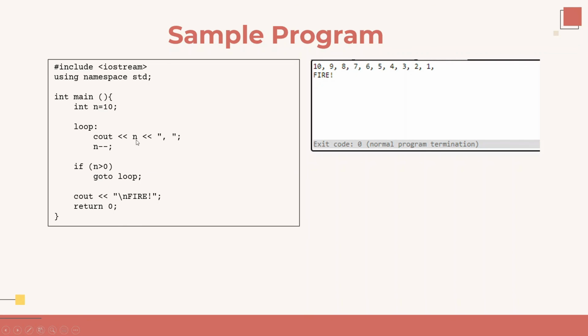So cout 9, comma, and then the program will decrease the value of n, so the value of n is 8. If the value of n is more than 0, the value of n is 8, so go to loop again and so on. So the output is 10, 9, 8, 7, 6, 5, 4, 3, 2, and 1, and then cout fire.